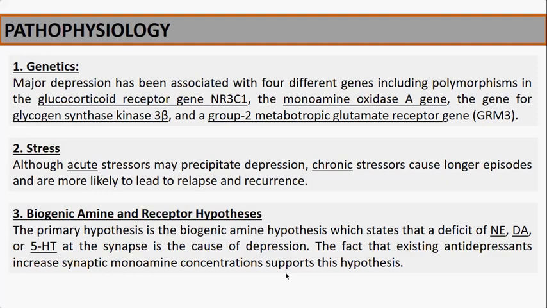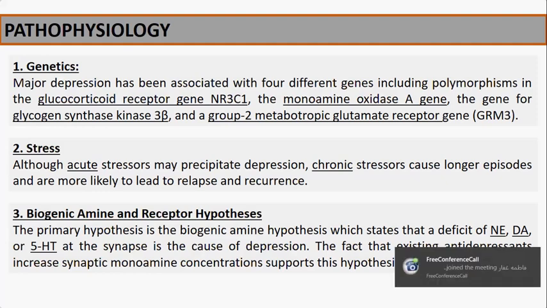ننتقل إلى الجزء الآخر من major depressive disorder اللي هو الباثوفيسيولوجي. طلاب مثل ما قلنا بداية المحاضرة, the cause of the major depressive disorder is usually unknown and it is usually considered as a multifactorial disease because it involves a complex interaction of many factors to be developed.